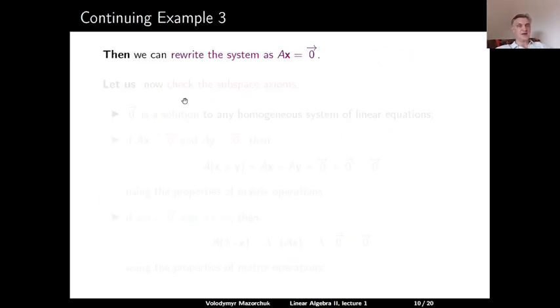Then we can rewrite our system as a product of the matrix A with the vector x, and the system asserts that this product should be the zero vector in R^k. So let us now check that the set of all solutions to the system forms a subspace.